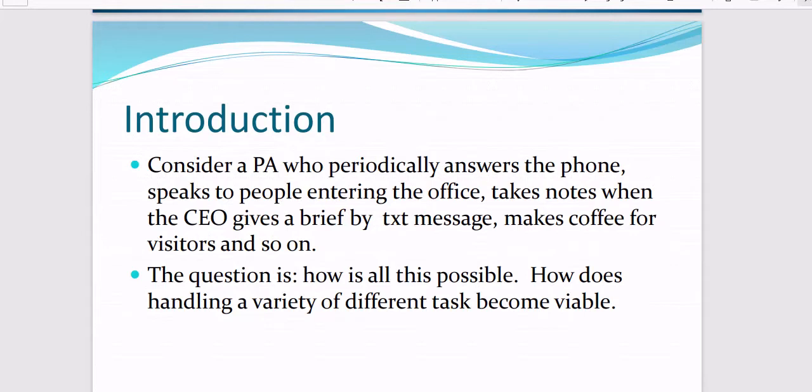So, first of all, consider a personal assistant who does things like periodically answering the telephone, altering the heating in the office, speaking to people knocking on the door and entering the office, speaking to people who do not knock on the door but simply enter the office, taking notes when the chief executive officer gives a brief by means of sending the PA a text message, and a general role of making coffee for visitors, and so on and so on and so on.